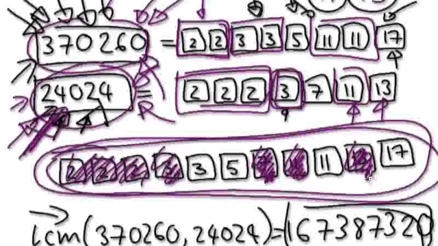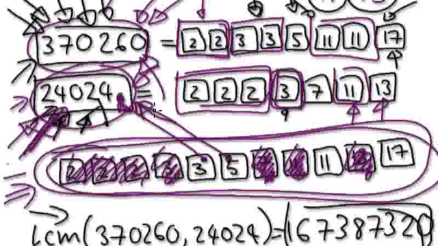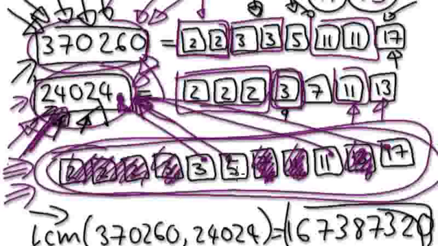Now, in order for us to reach our lowest common multiple starting from this number, we need to inject this block into this number. We need to inject this block in order to get to our lowest common multiple.